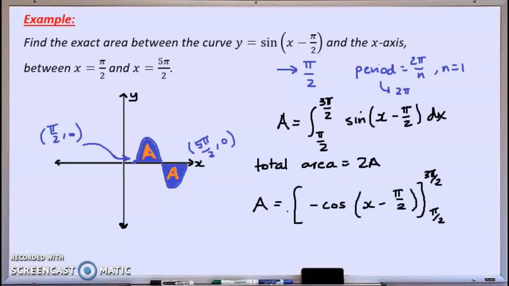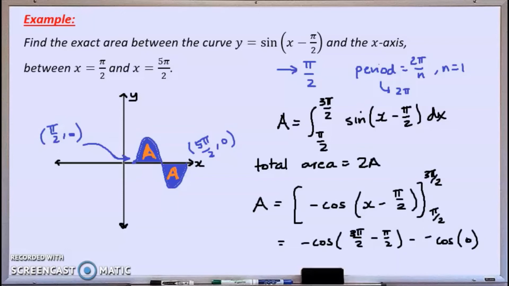So now I need to make an expression where I substitute this in. So it's negative cos of 3 pi over 2 minus pi over 2, minus negative cos of pi over 2 minus pi over 2, which is 0.